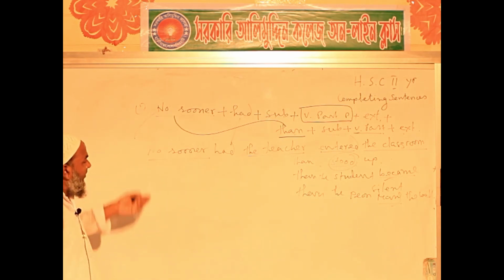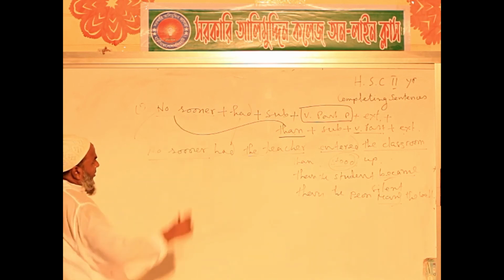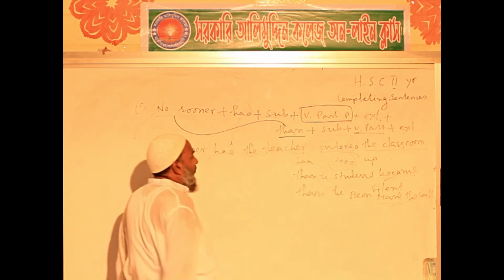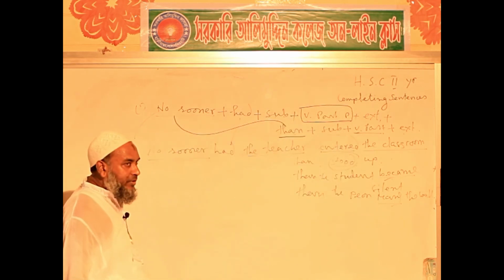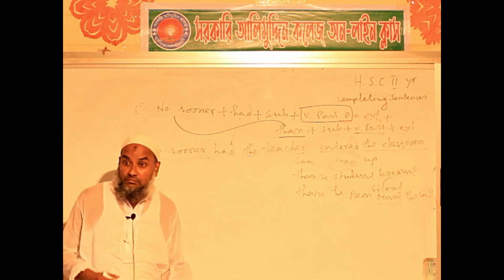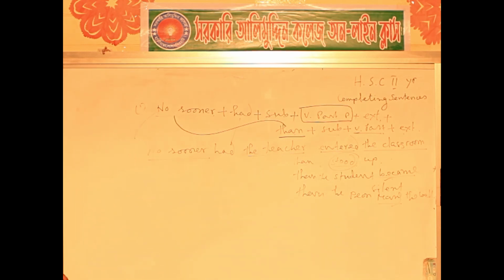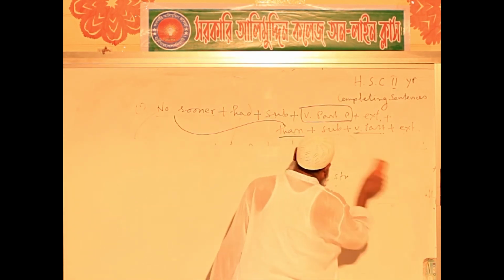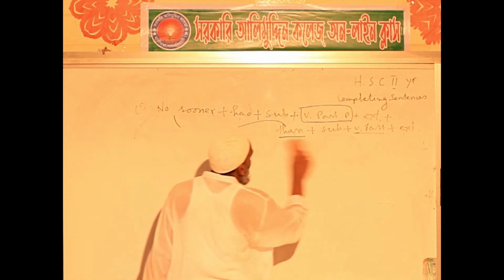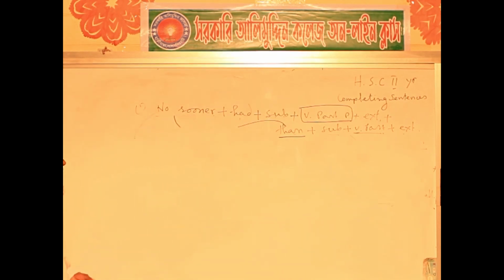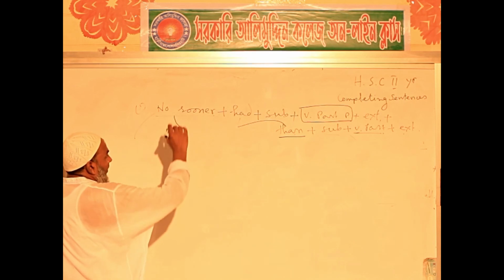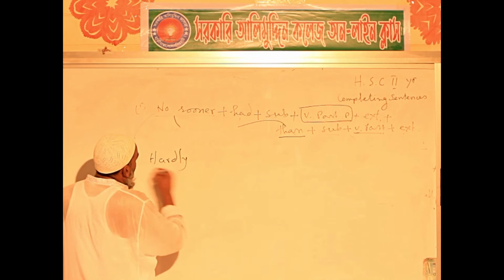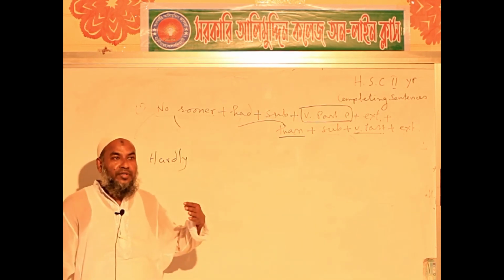Then I would like to say again, if your sentence starts with no sooner, you have to go up to this point, and if you can follow this structure, you can be sure that your writing is correct. Then my next point: hardly when, hardly before or when. In place of no sooner, if the sentence starts with hardly, then how will he or she proceed?